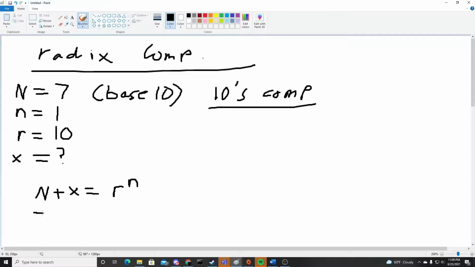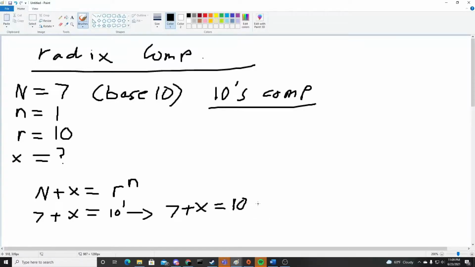So let's fill in all the variables that we can. We say 7 plus x equals 10 to the first power. We basically need to figure out what number x would make this statement true. So we simplify this: 7 plus x equals 10, because 10 to the first power is just 10.